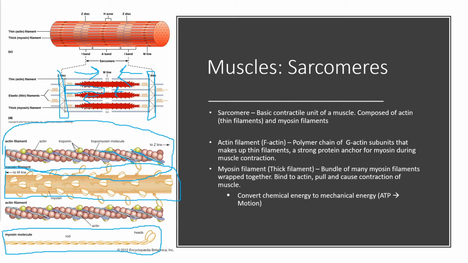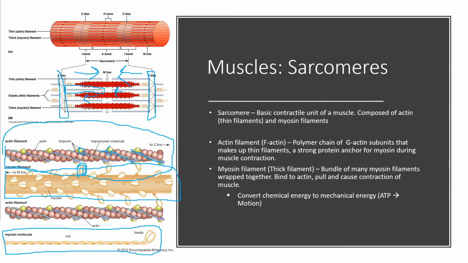And so you have the troponin, which are the little green dots, and then you have the tropomyosin, which are the long strings that are holding them together. And these guys are just sitting here covering the binding sites for these little myosin heads.